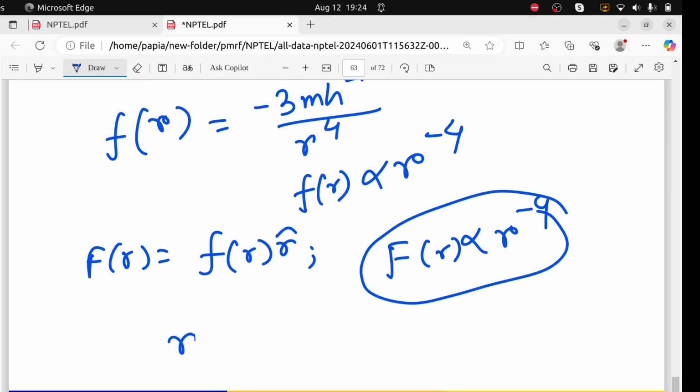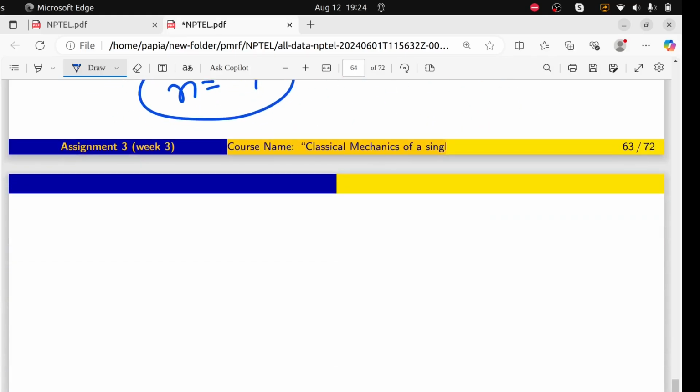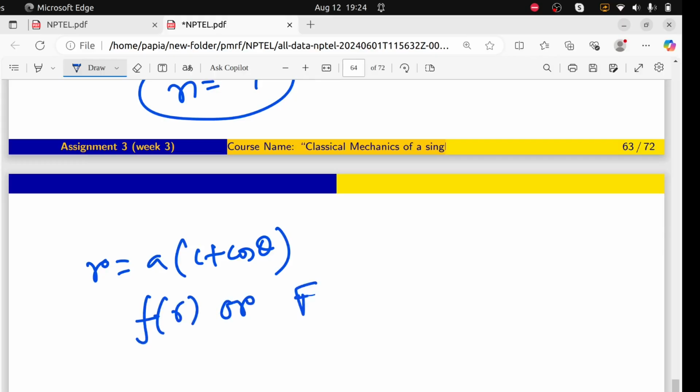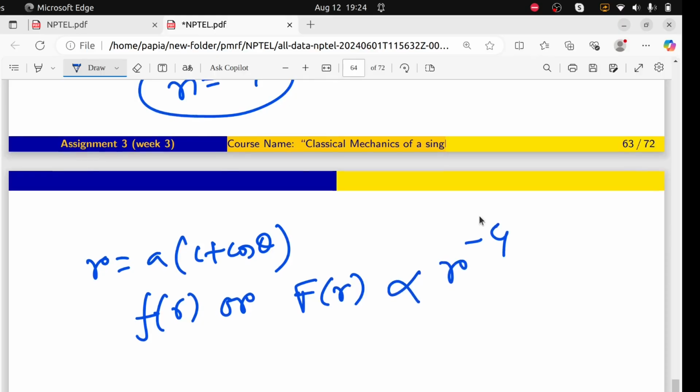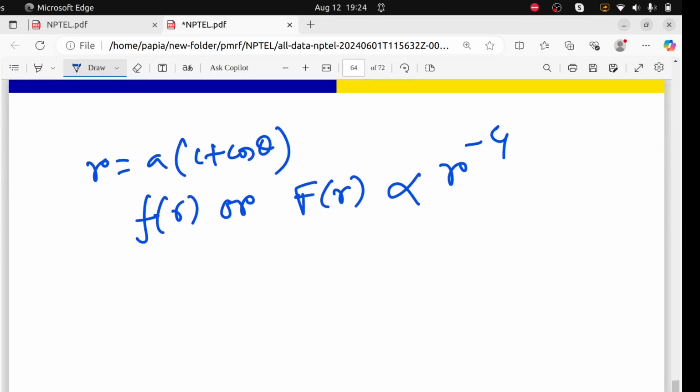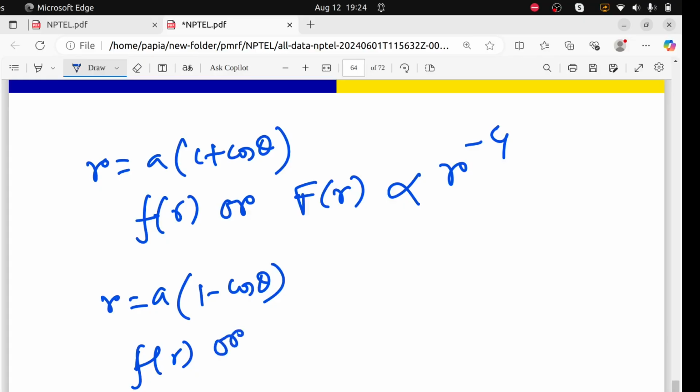Now for this case m equals minus 4. We can see that when r was a(1 plus cos theta), then r or if r both are r to the power minus 4. Also, if r is a(1 minus cos theta), then r or if r both are same.